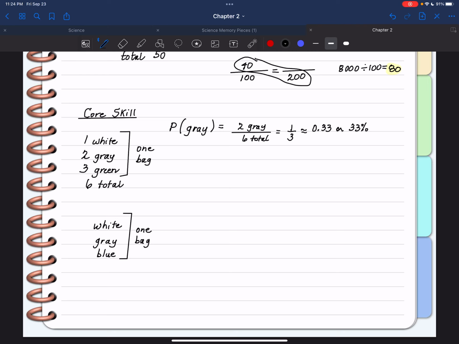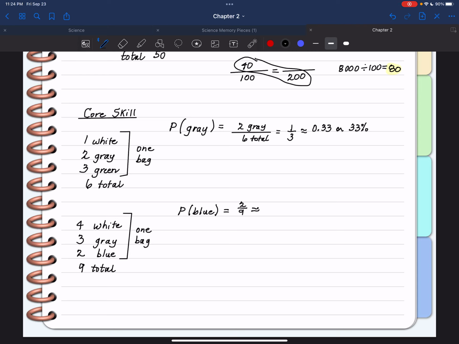There are 4 white, 3 gray, and 2 blue. So there are 9 marbles total. And they want to know first the probability of a blue marble. So that's going to be how many blue? We have 2 out of 9 total.